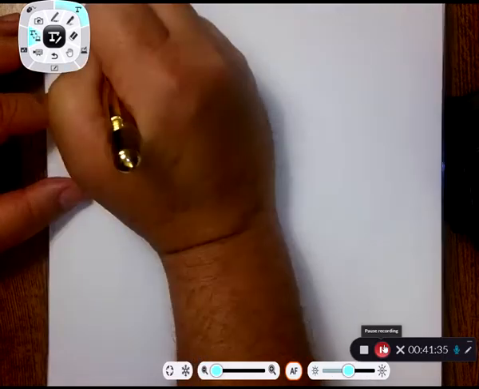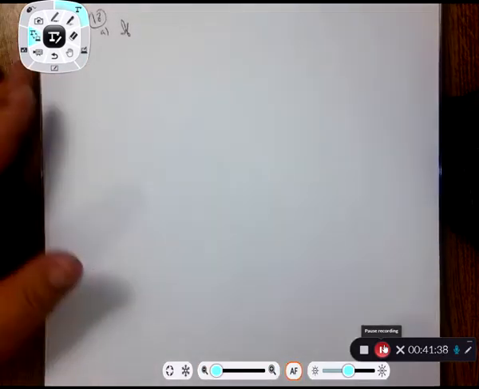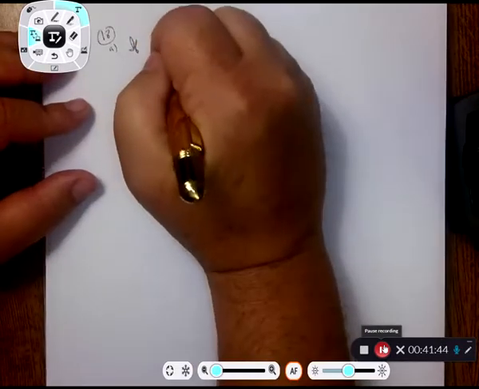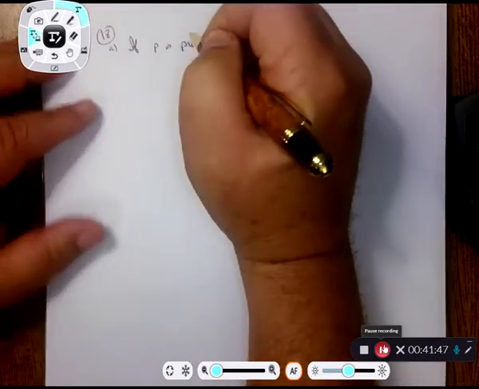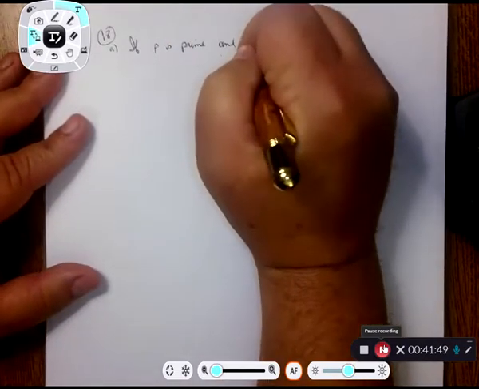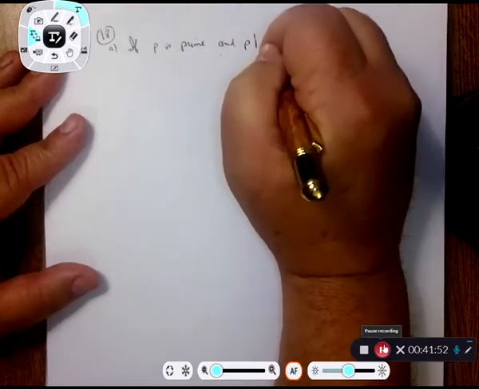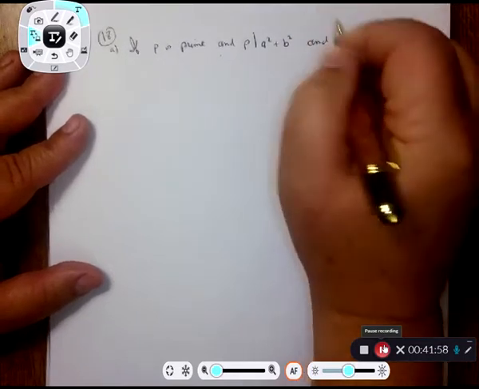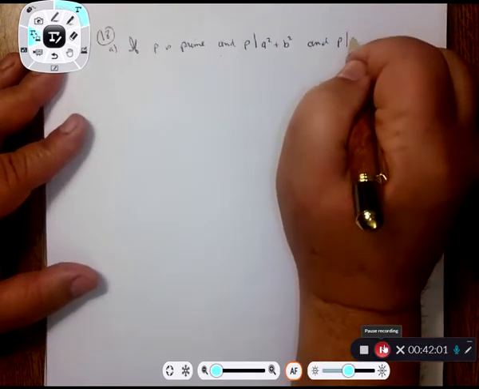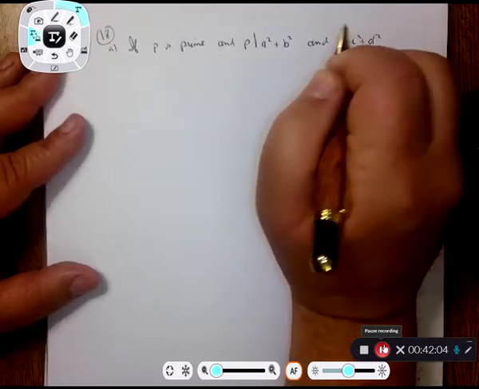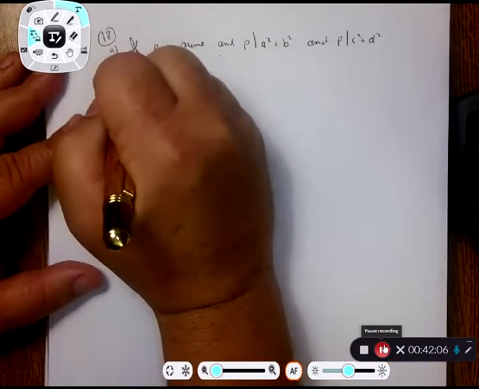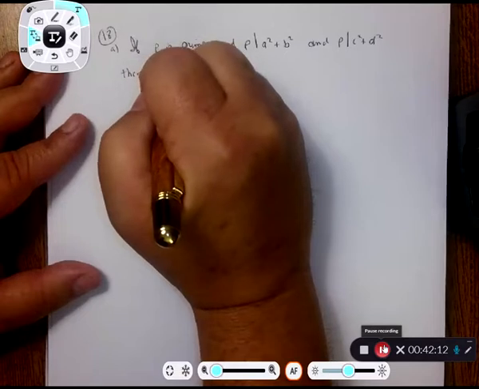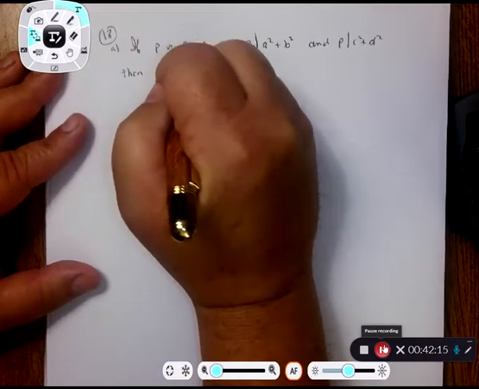This is actually part A. If P is prime and P divides A squared plus B squared, and P divides C squared plus D squared, then is it true that P divides A squared plus C squared?